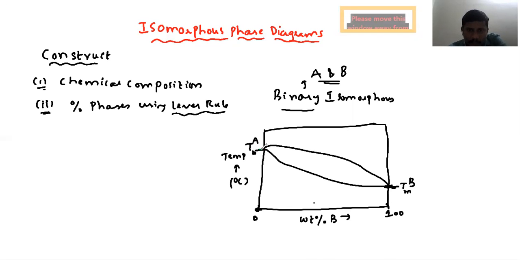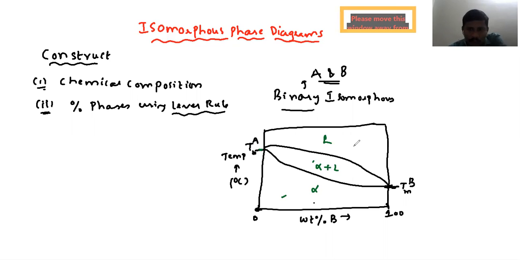Above the melting point, this area will be liquid, the phases in this area will be alpha plus liquid, and the phase in this area is alpha. This identification of phases we have learned in my previous lecture video.